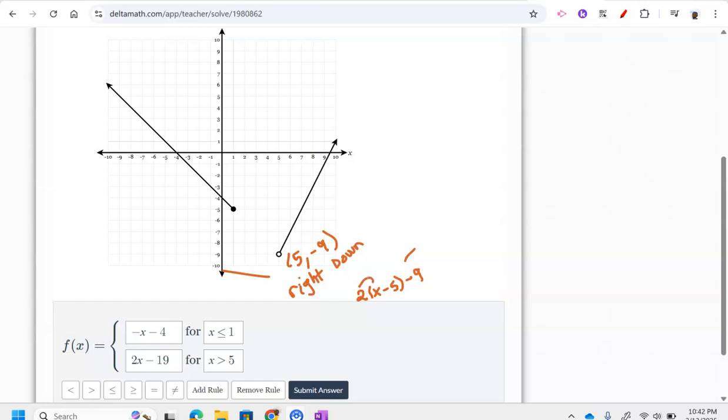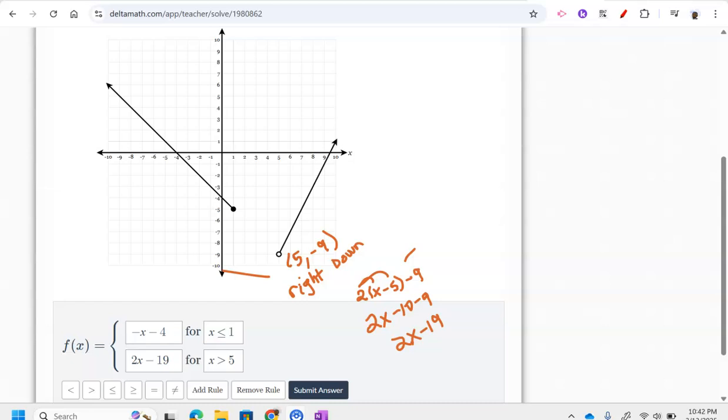If I distribute, that gives us 2x minus 10. Bring down the -9, and then this becomes 2x minus 19, right? So it's going to end up being the same equation for the line. They just look different, okay? And so I can use this method here to write the equation of the line, okay?